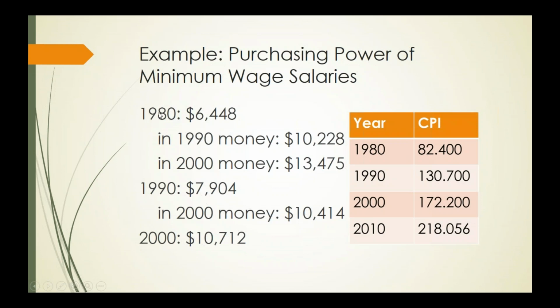So the 1980 was higher than both the 1990 and the 2000. Then directly comparing the 1990 and the 2000, the 7,904 from 1990 converted to 2000 money comes at 10,414, a little lower actually than the real 2000 value of 10,712. So the 1990 was lower than the 2000.